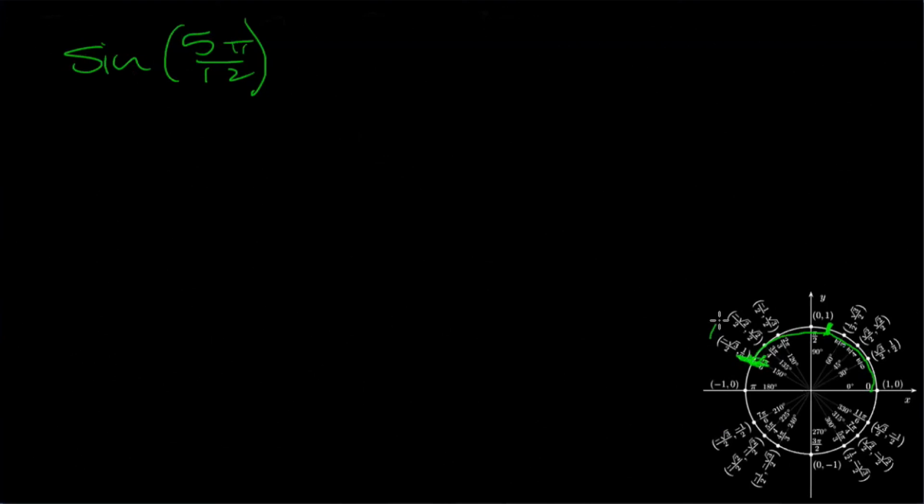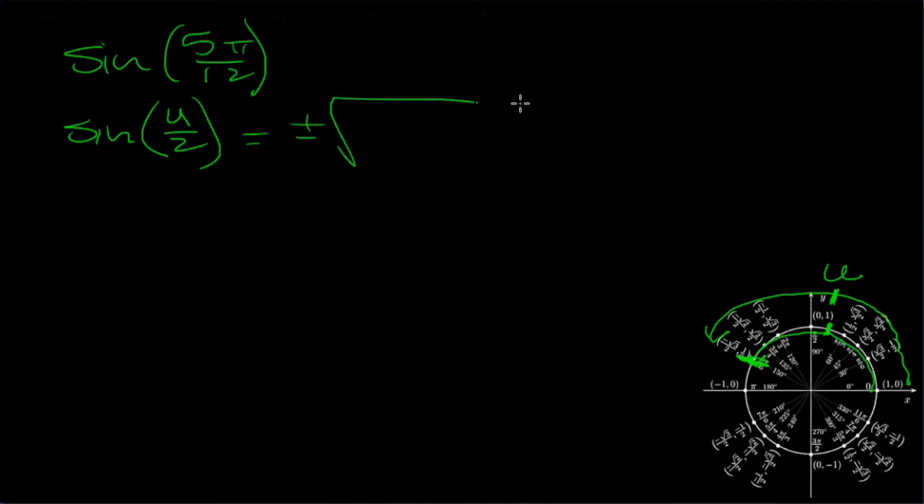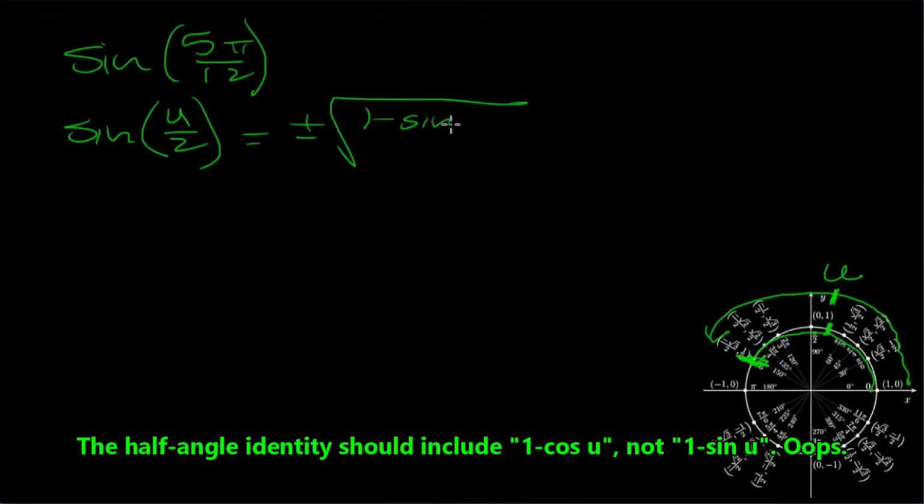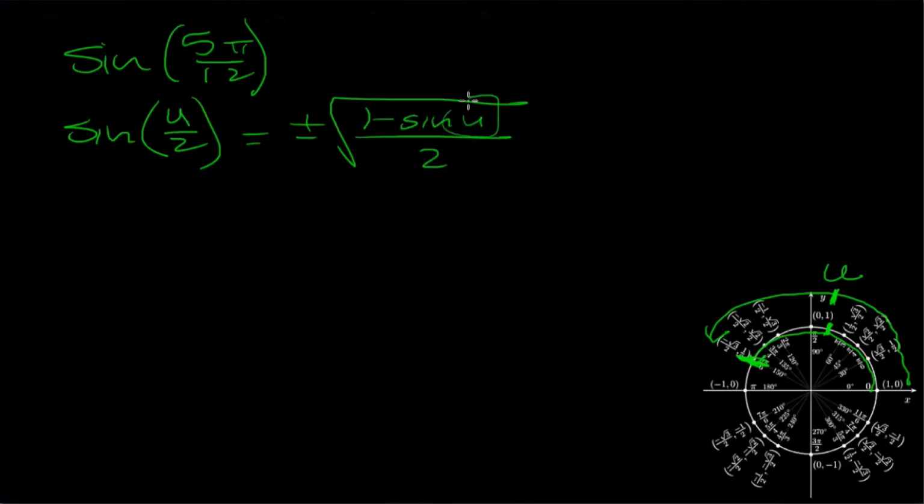So I'm going to call this full angle out to here U, which means then I need to calculate half of U to get the angle I actually want. So by using the half angle identity, I only have to know angle U. I don't need to know this angle at all.